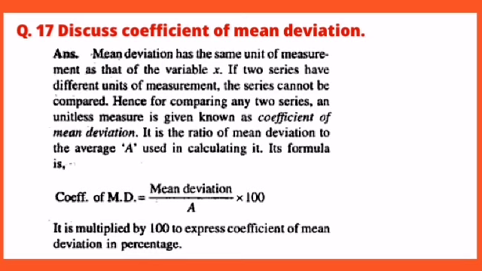It is the ratio of mean deviation to the average, A, used in calculating it. Its formula is coefficient of mean deviation is equal to mean deviation divided by A multiplied by 100. It is multiplied by 100 to express coefficient of mean deviation in percentage.